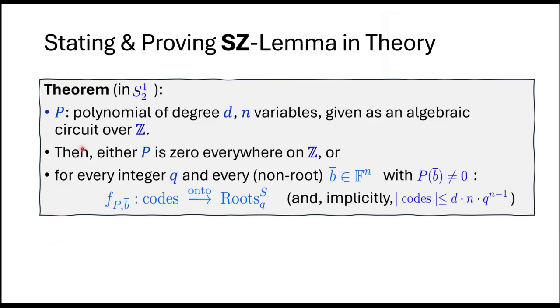Now, here is the theorem. P is a polynomial of individual syntactic degree d and n variables given as an algebraic circuit over the integers.